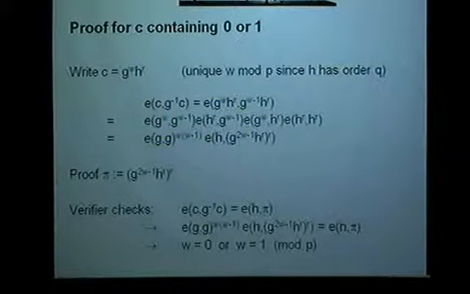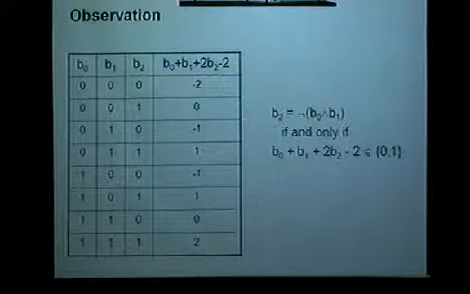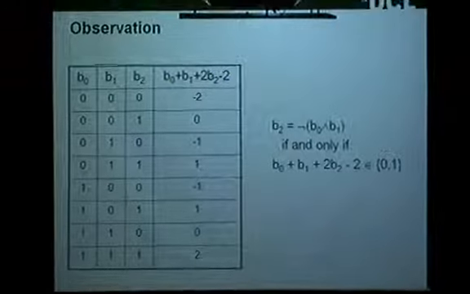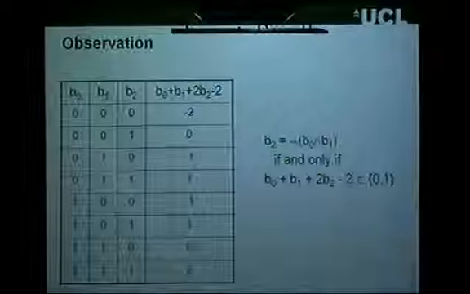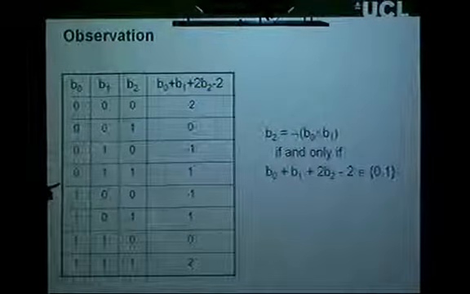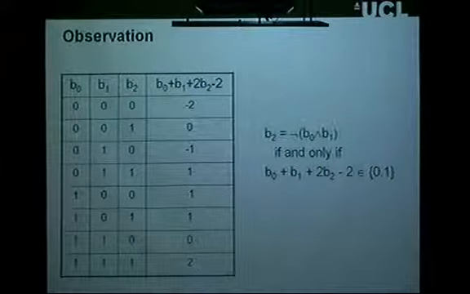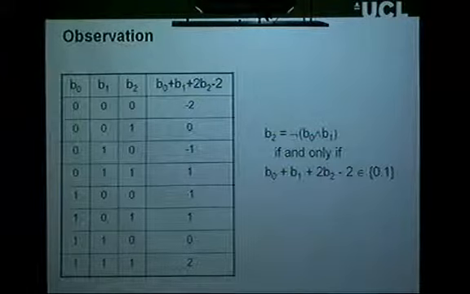And the next part is to prove that if we have 3 commitments, then one commitment contains the NAND of 2 other commitments. And I'm going to use an observation for that purpose, which is that if we have bits b0, b1, and b2, then b2 is a NAND of b0 and b1 if and only if b0 plus b1 plus 2b2 minus 2 is 0 or 1.